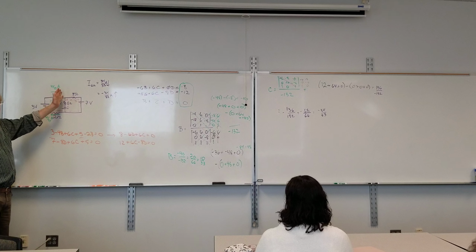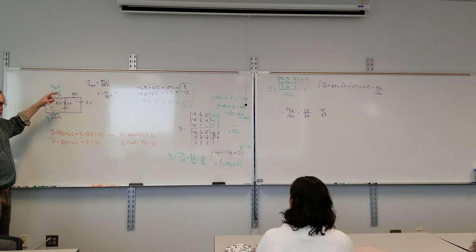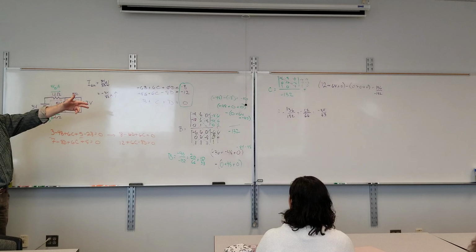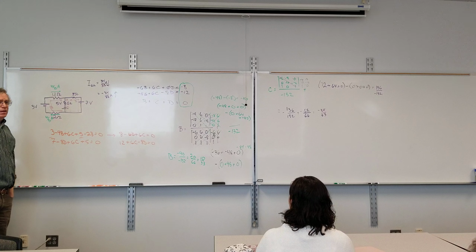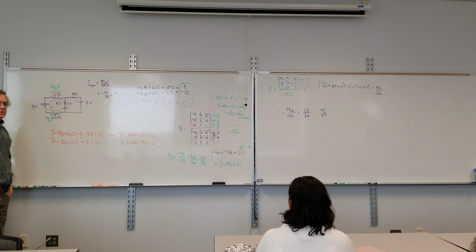I didn't care whether it actually went up or not. If it is actually going up, I'm gonna end up with a positive value for C. If it's actually going down, I'm gonna end up with a negative value for C. I don't need to redo the problem. But the way you have it, we ended up with a negative? Yes, because I said it's going up when the current's actually flowing down. Oh, okay.